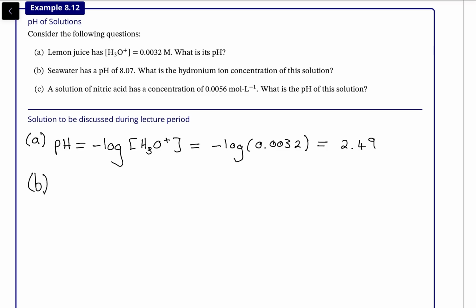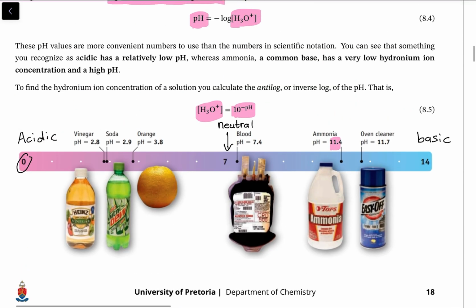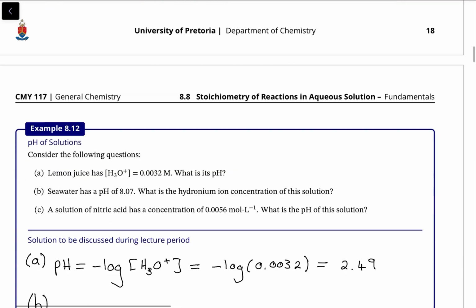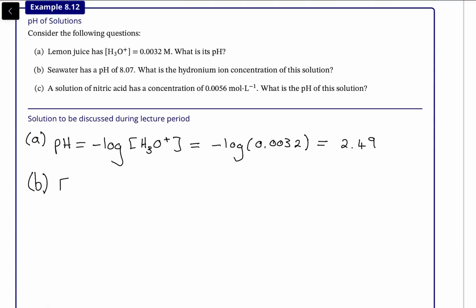All right, so B. It says seawater has a pH of 8.07. What is the hydronium ion concentration of this solution? This one is just the opposite. Here we can take the antilog to give us the hydronium ion concentration, because we've asked the question in reverse. We want the hydronium ion concentration, and we're given the pH.